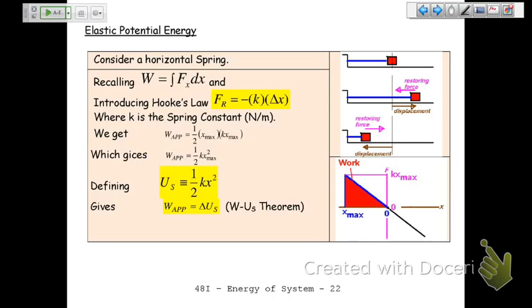So I'm looking over here at these diagrams, and what I notice is that when my displacement is in a positive direction, the restoring force, not the applied force, because this is about the spring, the spring doesn't know of the applied force, it just reacts to it.